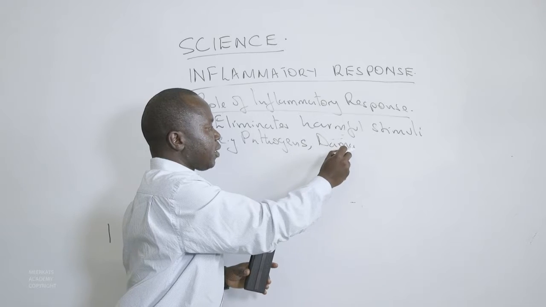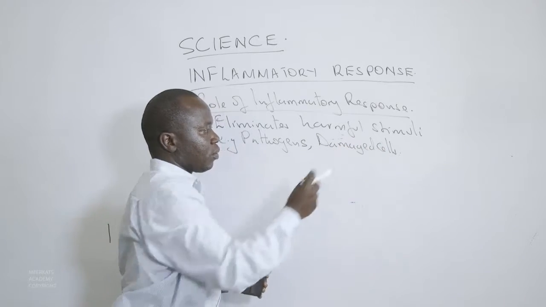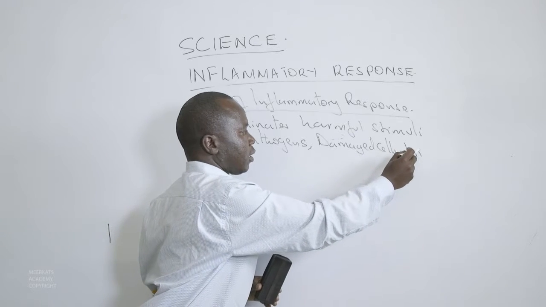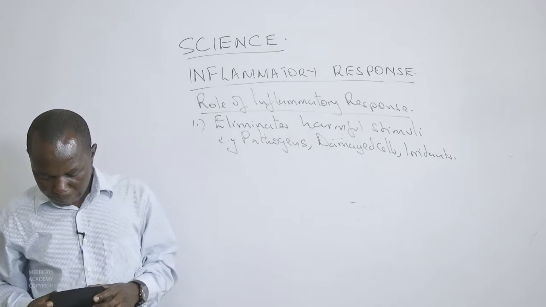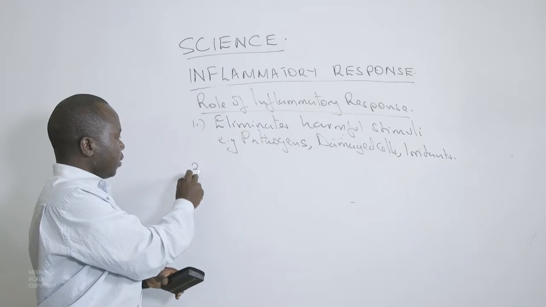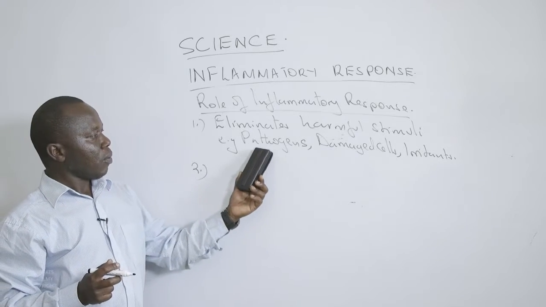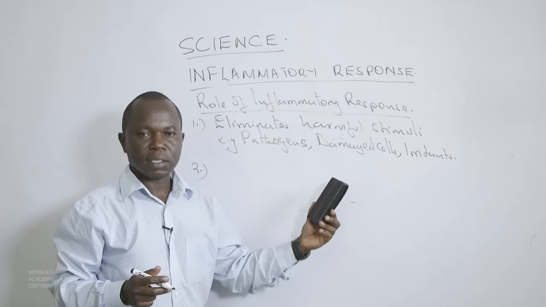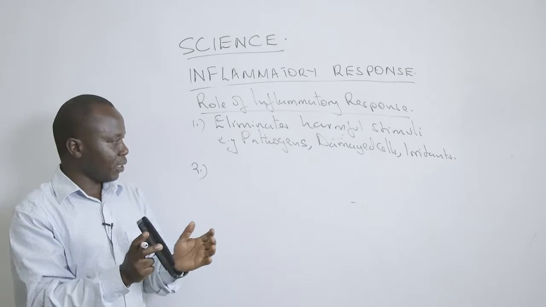We also have damaged cells that are going to be eliminated. If there are irritants, again, irritants are going to be eliminated. How does it eliminate these pathogens, damaged cells, and irritants? We have said an outcome is that it forms pus.